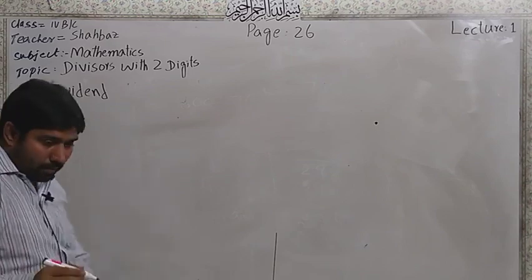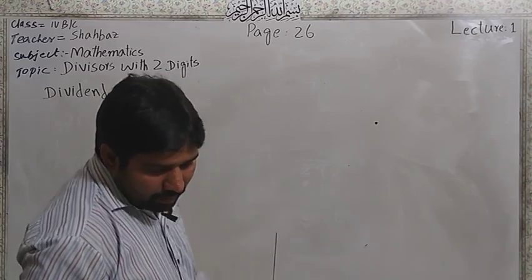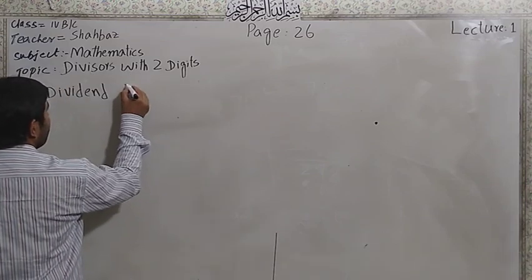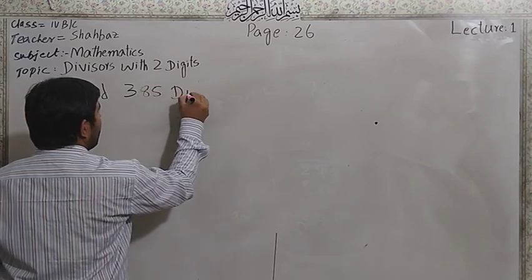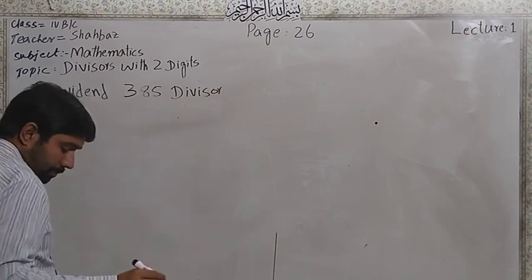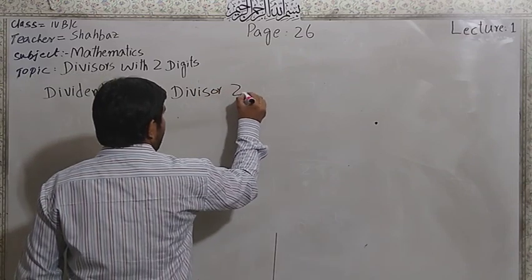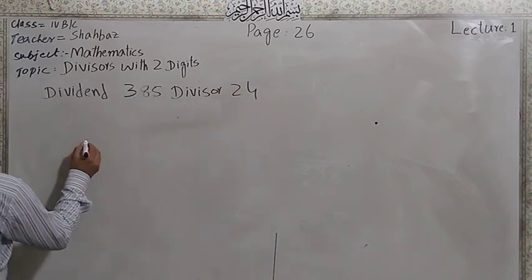The dividend is 385 and the divisor is 24. Dear students, you are dividing.